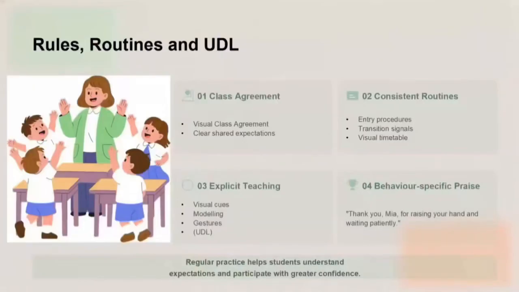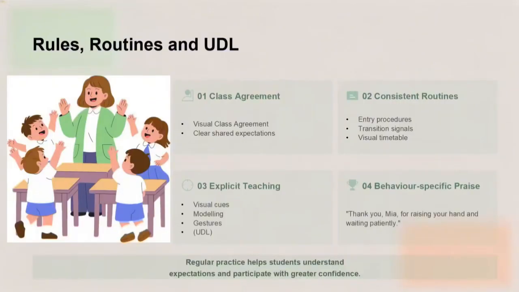Let's go to the rules, routines, and UDL. In my Year 1 classroom, expectations are co-constructed through a visual class agreement. Consistent routines, such as entry procedures, transition signals, and a visual timetable, help students know what is expected and reduce anxiety.